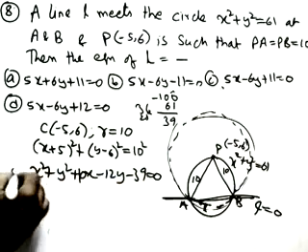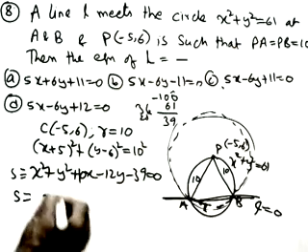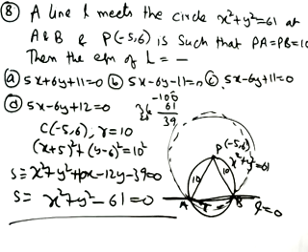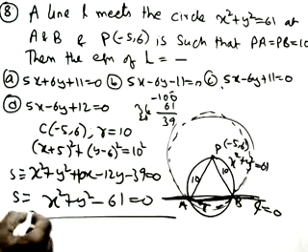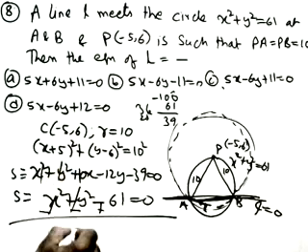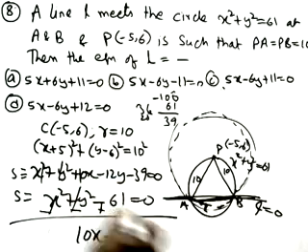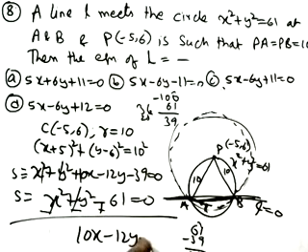So this is the equation of this circle, and the equation of the other circle is x square plus y square minus 61 equals to 0. If you subtract these two, we'll get the common chord, that is the line AB. So subtract: the squares get cancelled, 10x minus 12y, and minus 61 minus minus 39 is minus 22.